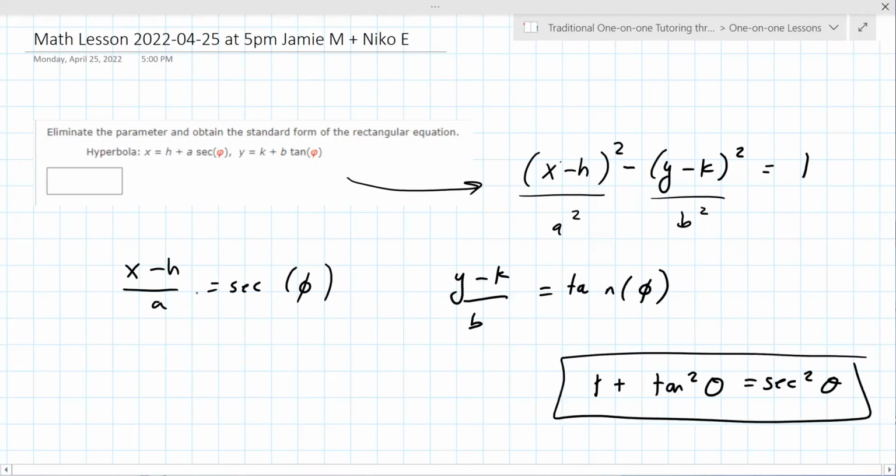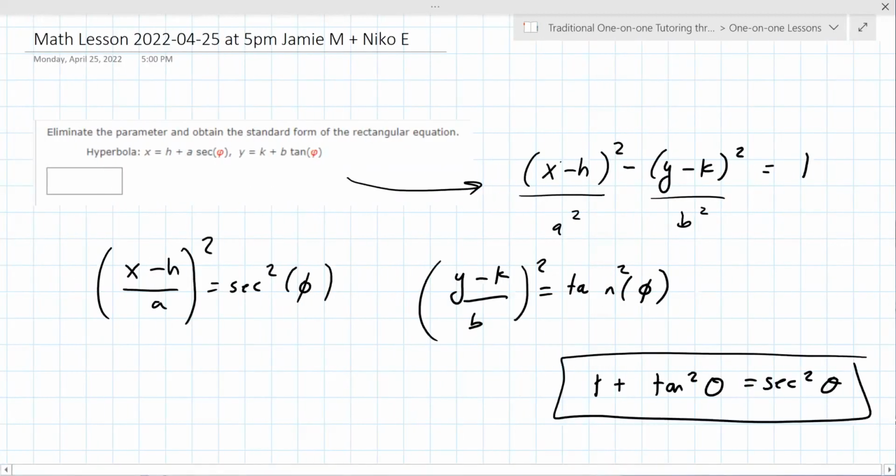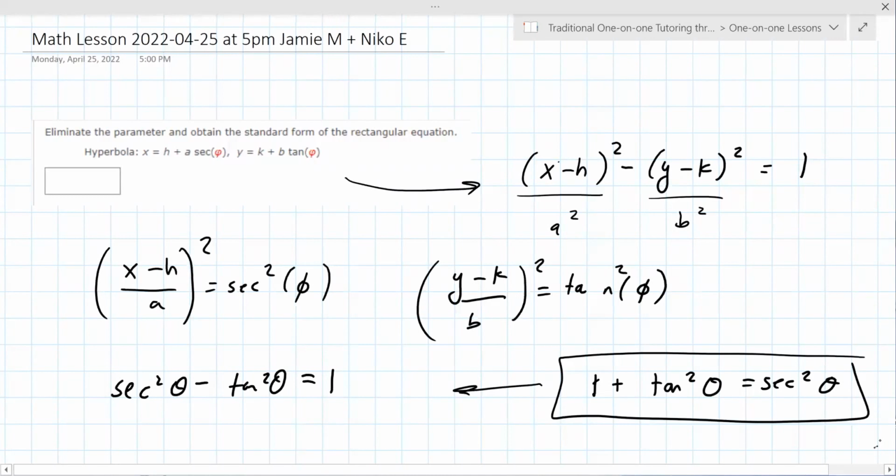Now, why is that valuable here? Well, you can square both sides, and then you substitute in. The way to use this is it becomes secant squared theta minus tangent squared theta equals 1, and then you get back to this form up here on the upper right.